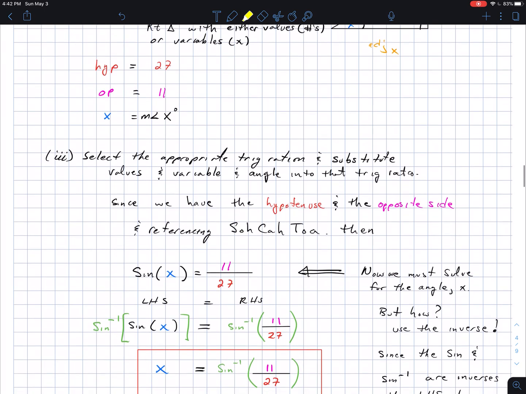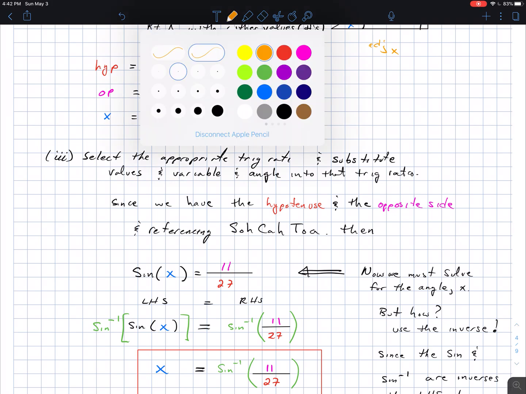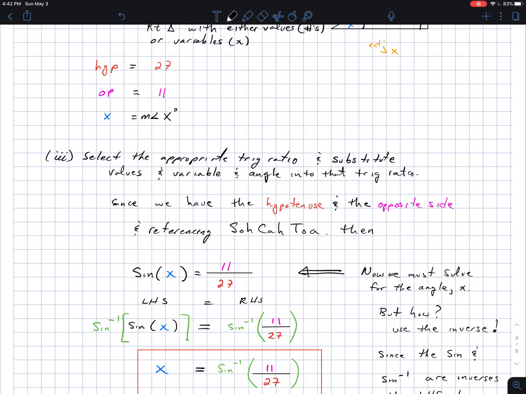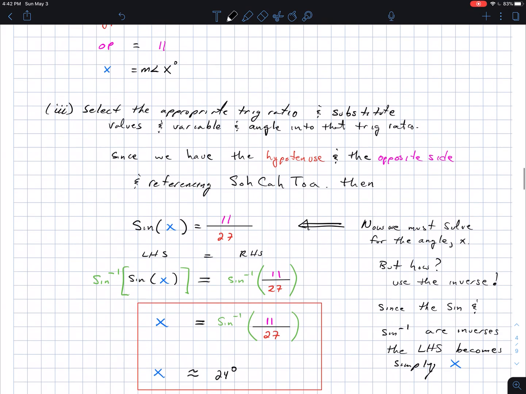Next, we select the appropriate trig ratio, and substitute the values, variable, and angle into that trig ratio. Since we have the hypotenuse and the opposite side, and referring to SOHCAHTOA, because we have those two, opposite and hypotenuse, we use SO.